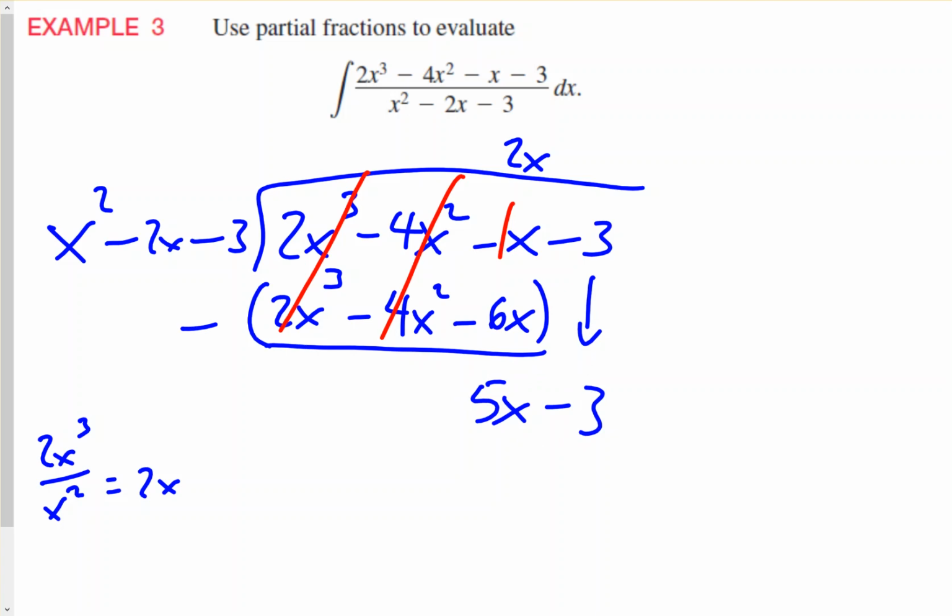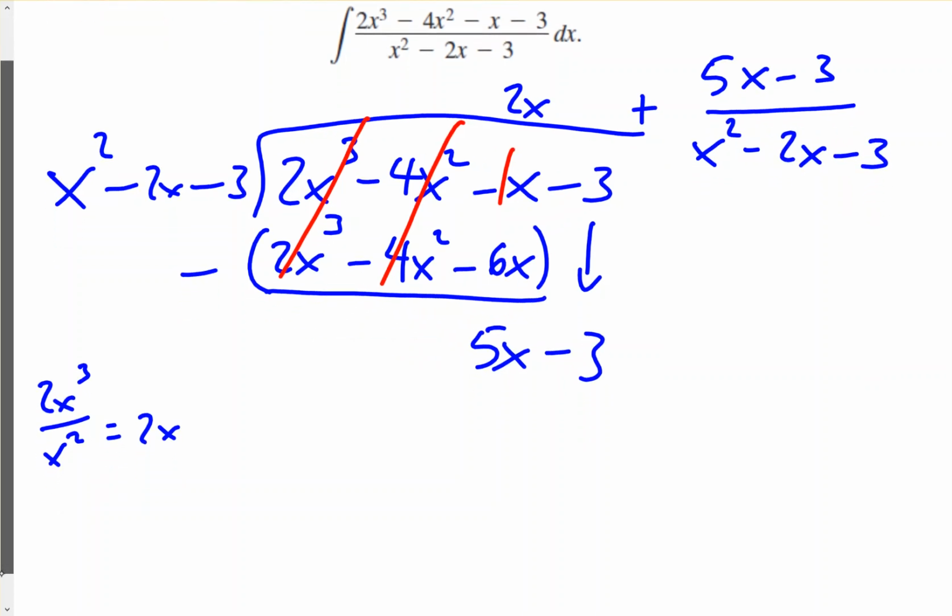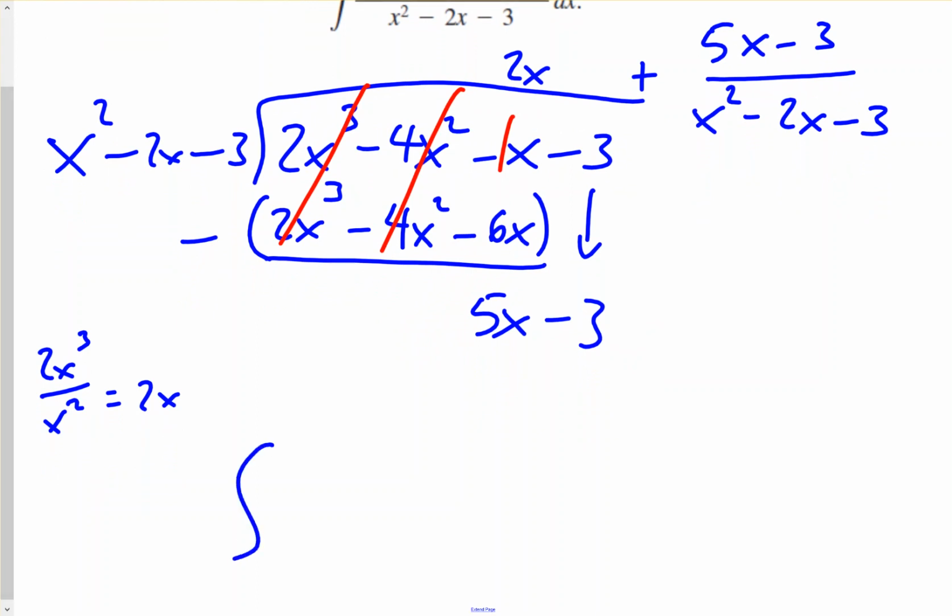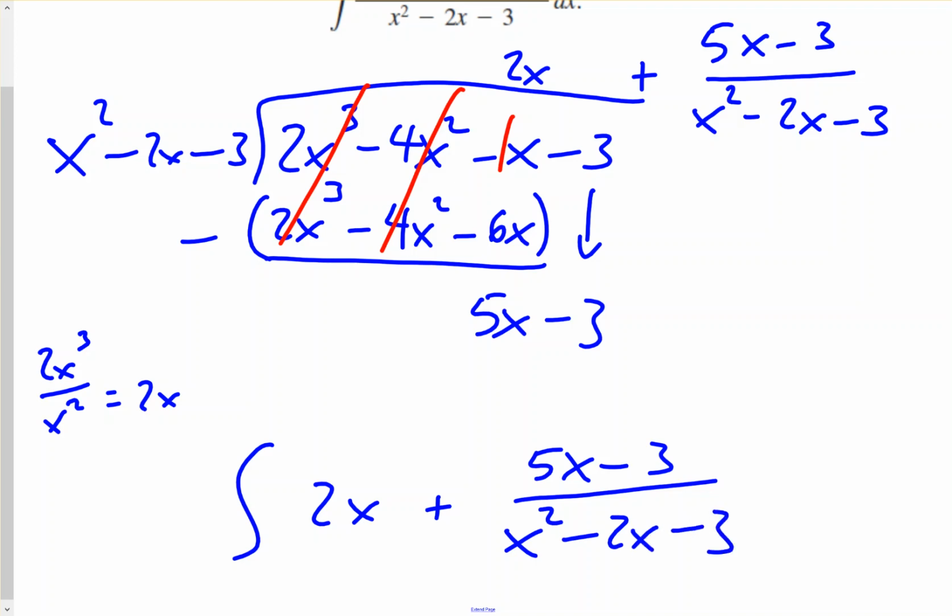This will be a 0, and then this will be the remainder, but we put it as a fraction, right? So we would have 2x plus (5x minus 3) over our denominator, x squared minus 2x minus 3. Okay, so this is what we're going to integrate then. So it becomes 2x plus (5x minus 3) over x squared minus 2x minus 3.